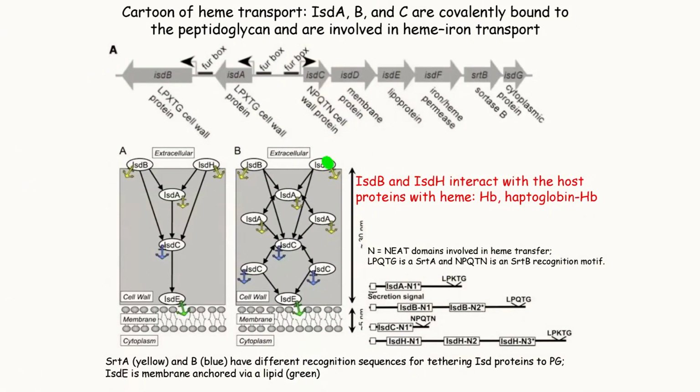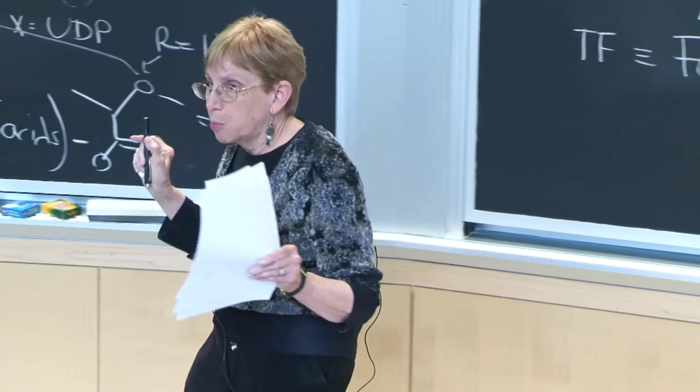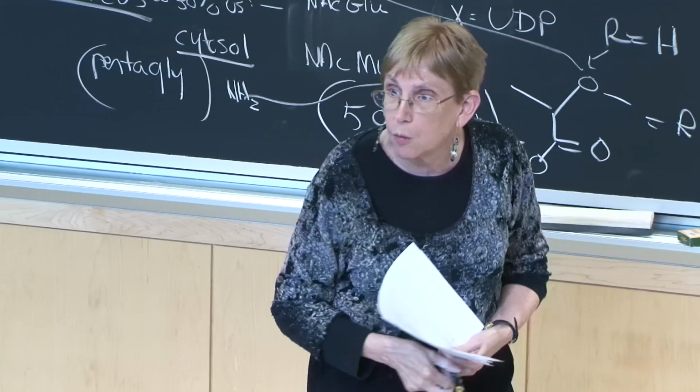Okay, so there's a couple other things I want to point out here. So IsdB and IsdH extract heme from hemoglobin. This gives you a feeling, which you also saw from the problem set, that these little domains, N1 domains and N2 domains, are all NEAT domains, so we have multiple domains. And what we're going to see, and this is key to the way these organisms function, is that these ISD proteins are covalently attached to the peptidoglycan.